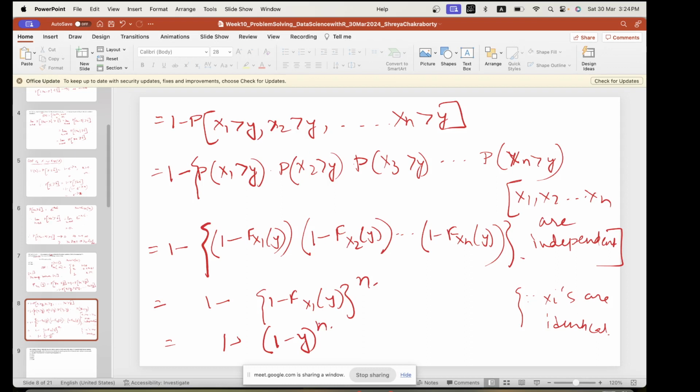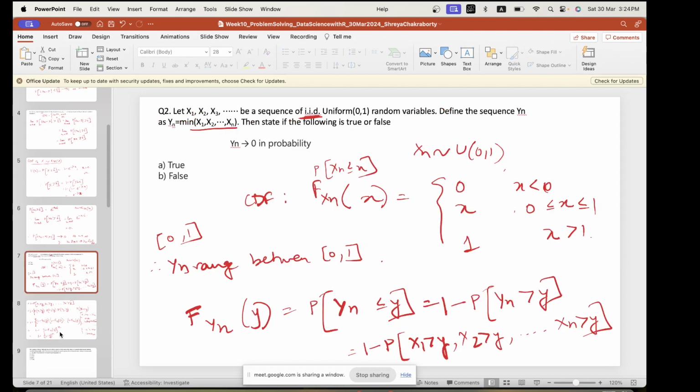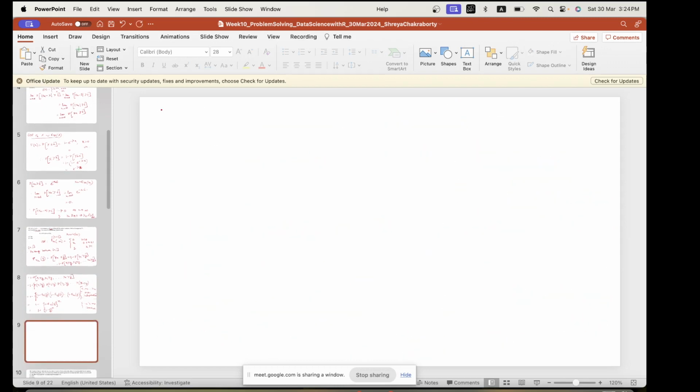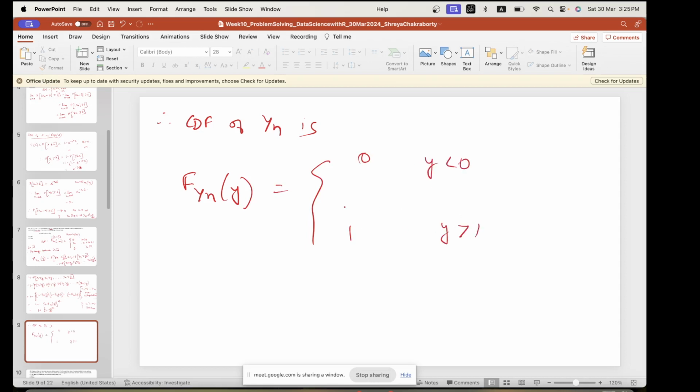Therefore, the CDF of Yn is F_Yn(y): 0 if y less than 0, 1 if y greater than 1, and 1 minus (1 minus y) to the power n if 0 is less than or equal to y is less than or equal to 1.